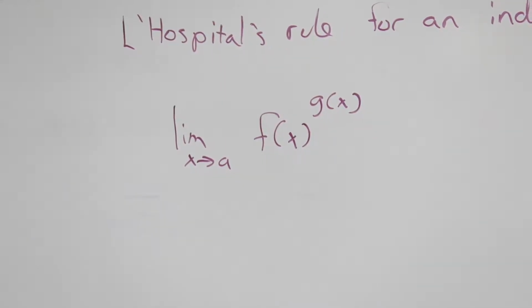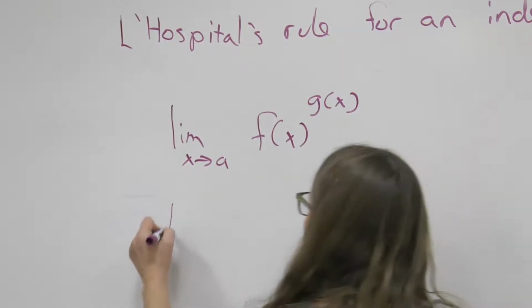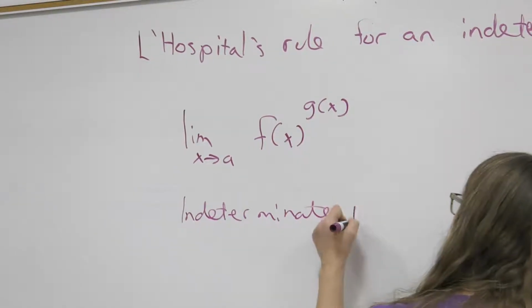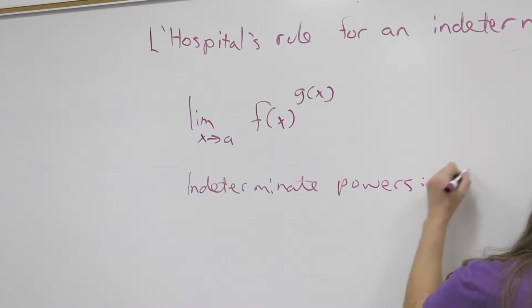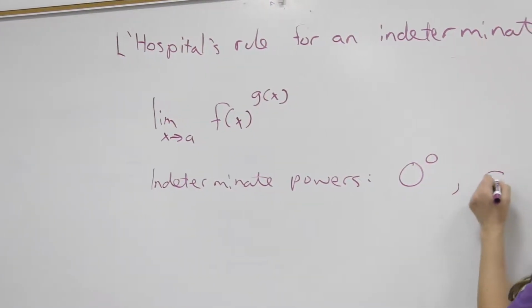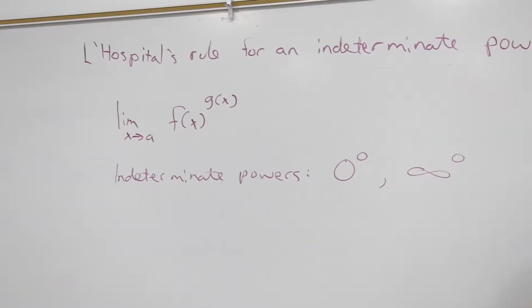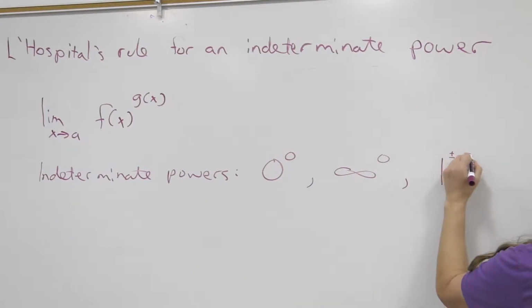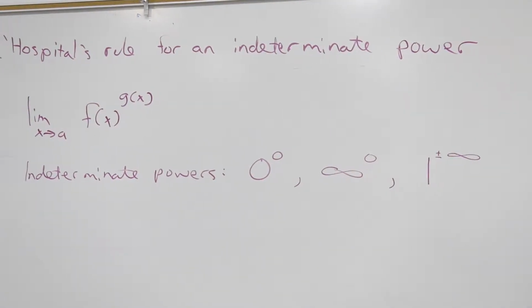And the three indeterminate powers that we can get are 0 to the 0, infinity to the 0, and 1 to the plus or minus infinity.